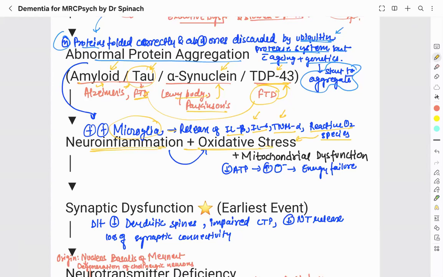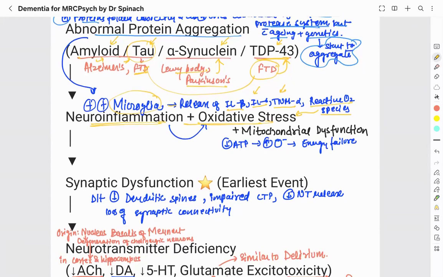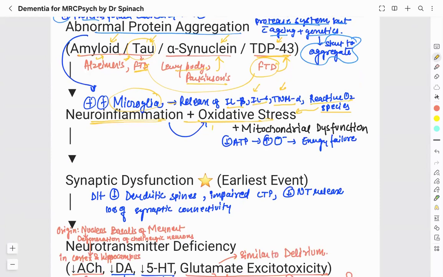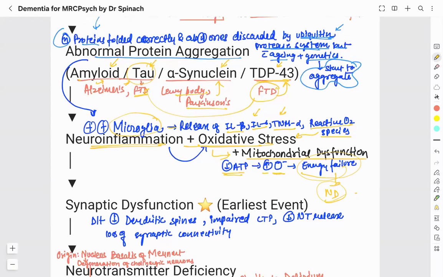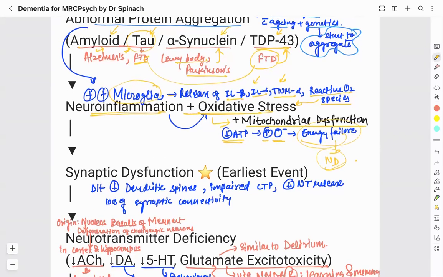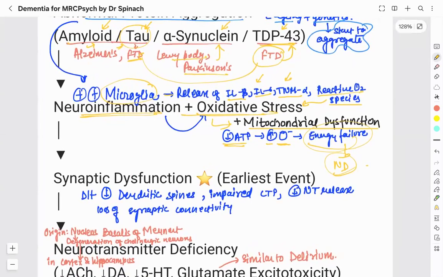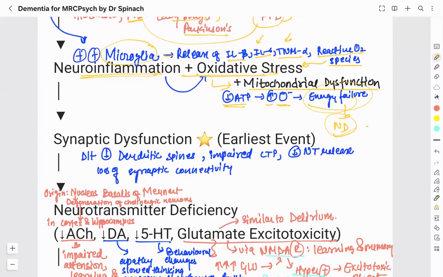With oxidative stress there will also be mitochondrial dysfunction, a decrease in ATP, an increase in oxygen free radicals, and therefore energy failure and neuronal dysfunction. So multiple factors play a role here. There are multiple hypotheses, and this is one of the hypotheses that is leading to the clinical features of dementia.